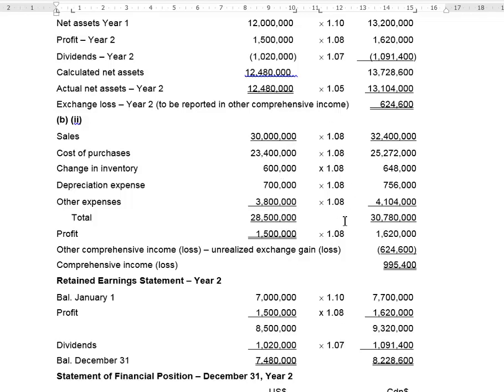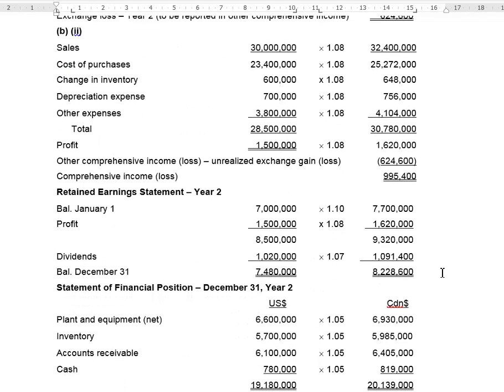We're going to find that our profit of $1.5 million translates to $1,620,000. If we add in our exchange loss, we're going to get comprehensive income of $995,400. This now will become part of our AOCI, or accumulated other comprehensive income, in the translated balance sheet.